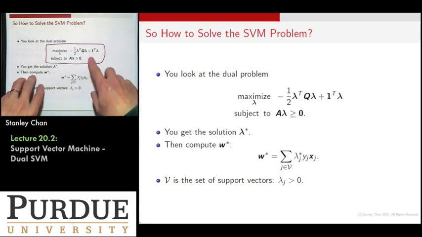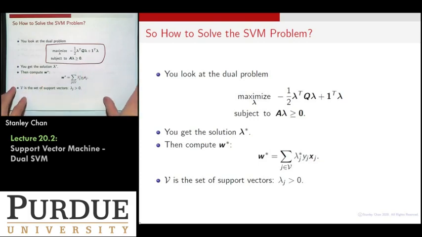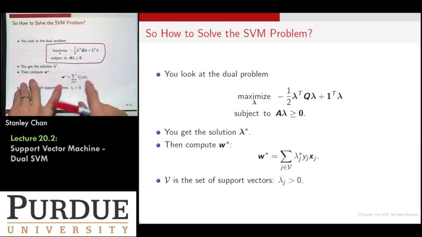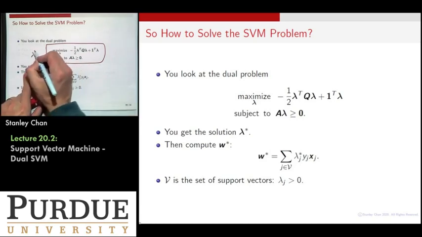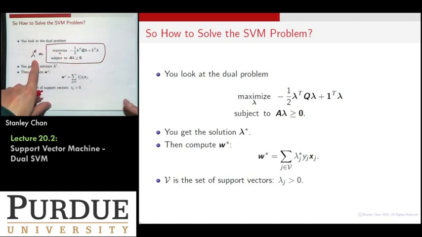Solving this problem requires some quadratic optimization solvers. In our case, it will be CVX again. Once you have solved it, you will show that the W star can be written as this. The thing that you get out from here is the lambda star, the dual solution. The dual solutions themselves are not useful.